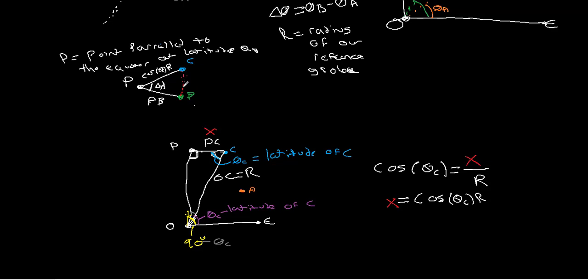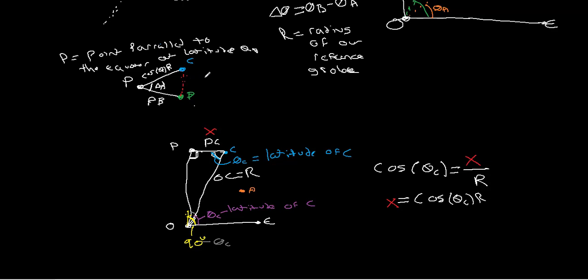And so we know that the length of the arc, going back to the same thing we just did, is going to be equal to the length of the radius of the circle, which in this case is cosine latitude of C times R, times delta theta.